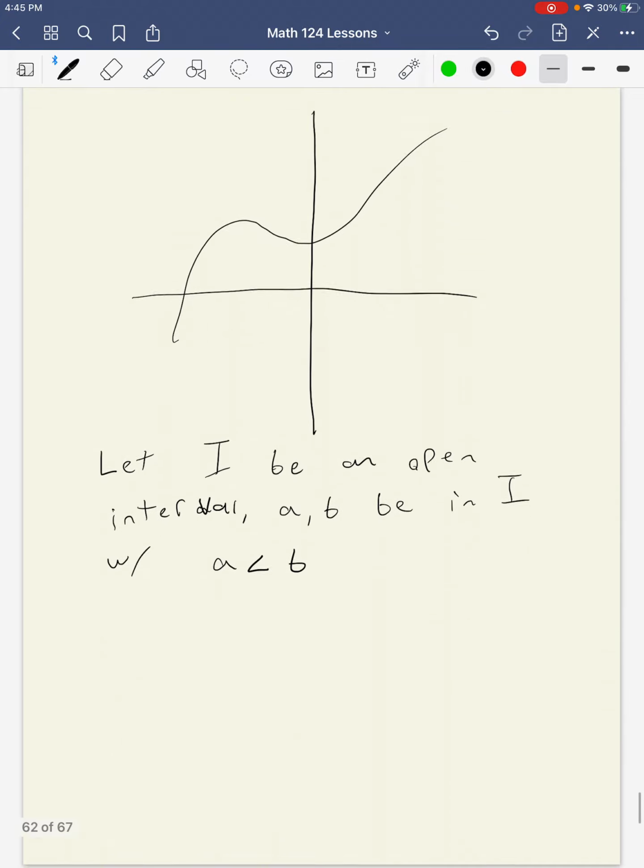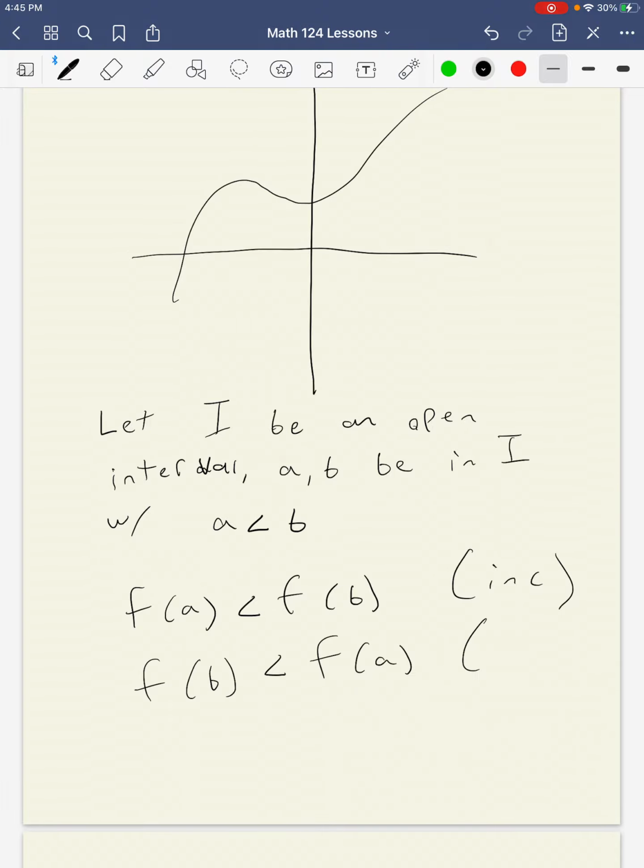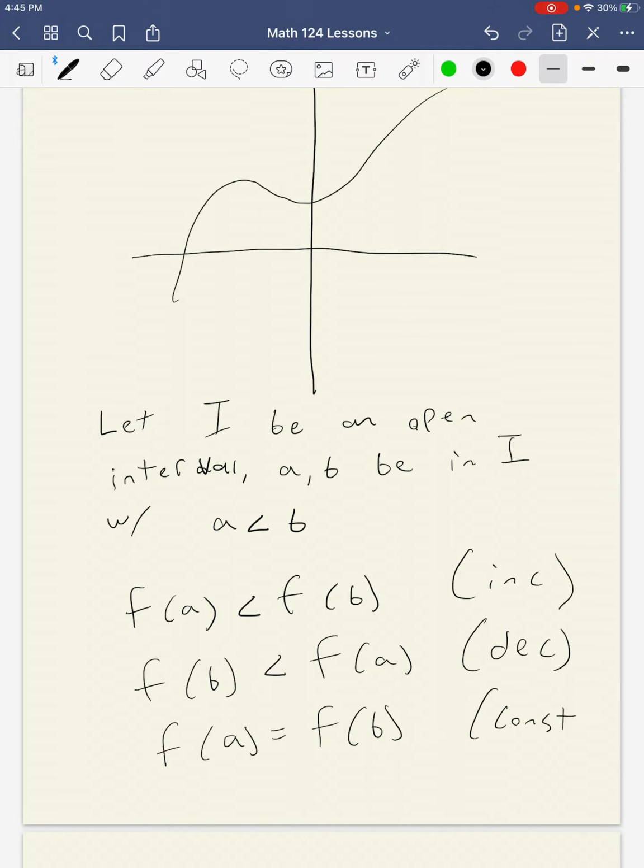Okay. So if f of a is less than f of b, that means the function is increasing. If f of b is less than f of a, the function is decreasing. If f of a equals f of b, then the function is constant.